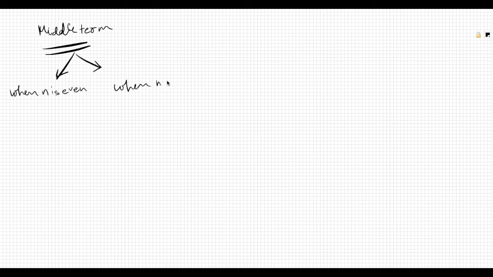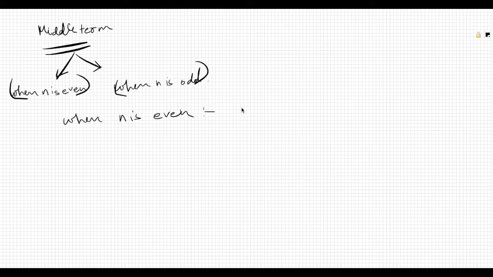Let's say we need to find the middle term. So how do we calculate the middle term? It's fairly simple, though it looks quite difficult. When we are finding the middle term, there arise two cases: when n is even and when n is odd. Now let's take the first condition, when n is even.